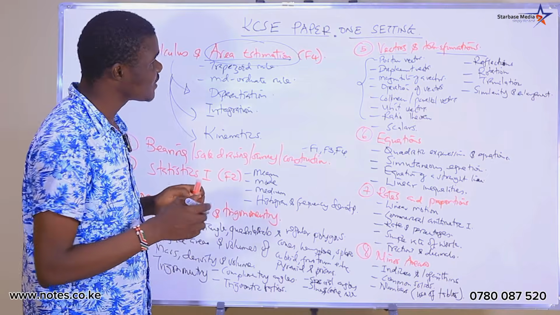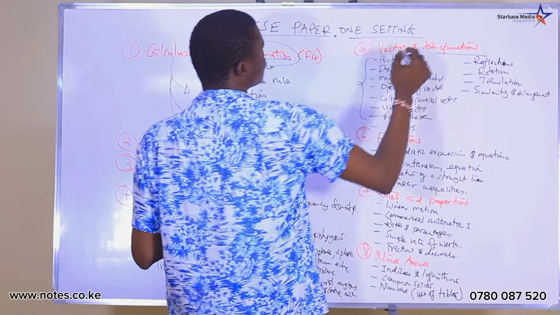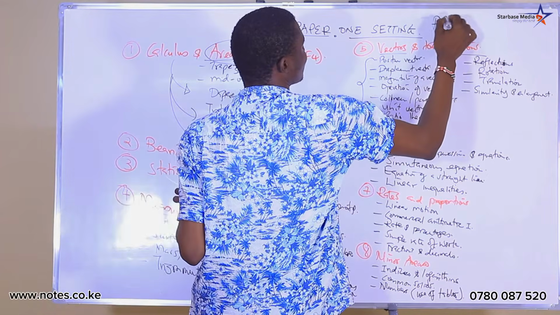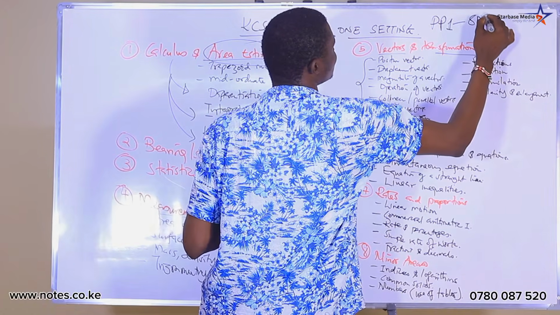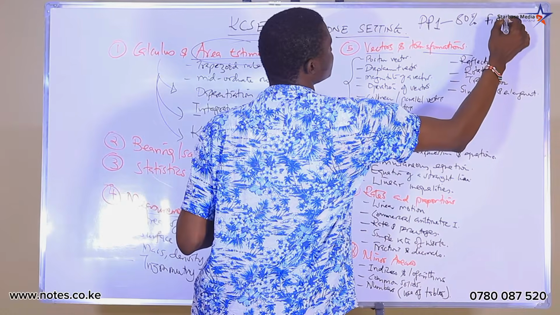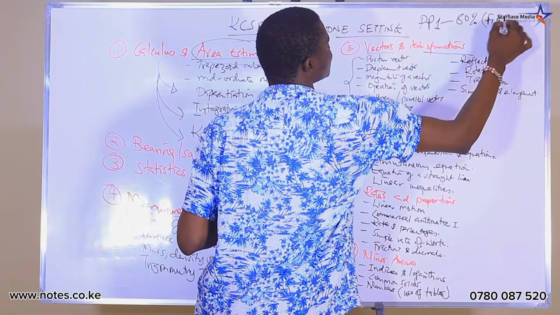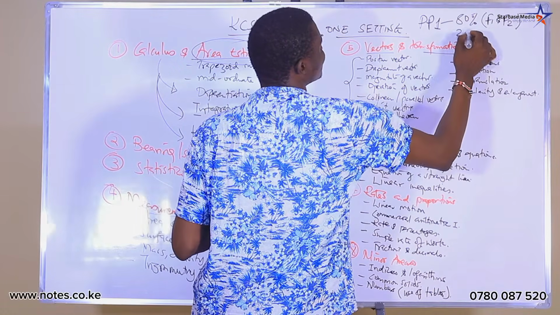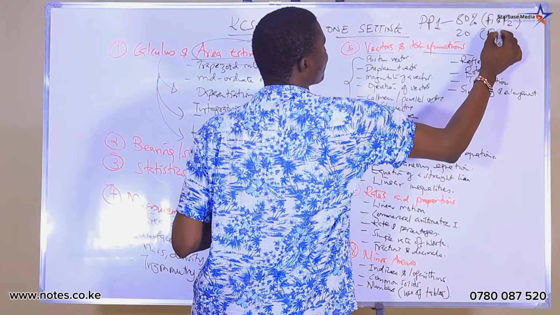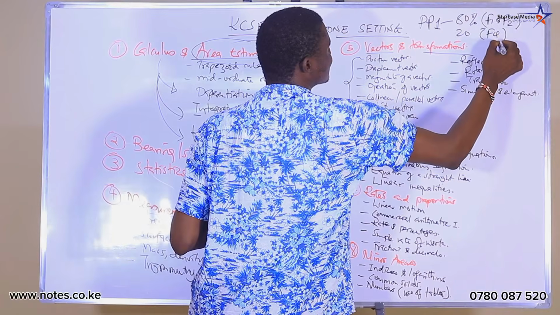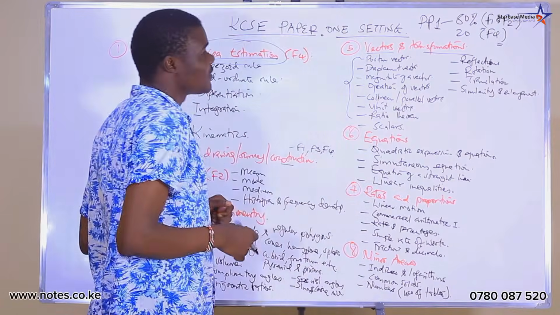I tend to think that 80% of paper 1 is Form 1 and 2, and the 20% is basically Form 3 and Form 4.